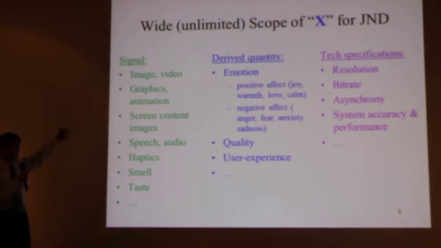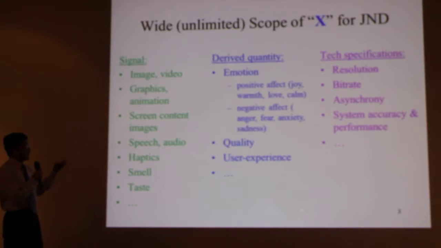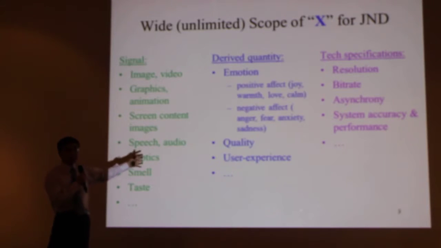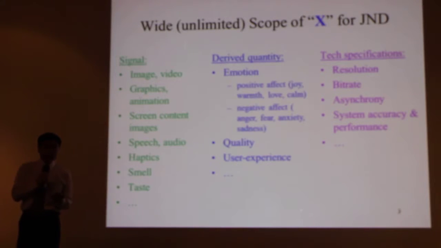This is the traditional form of JND so far, but I think actually we can extend this to other derived quantities like emotion. Emotion is a derived quantity based on one or more signals listed here. And also quality and user experience, we actually can calculate JND as well.